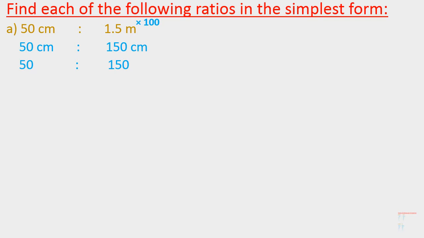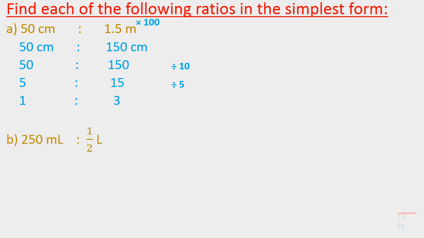We can divide them by 10. 50 divided by 10 equals 5, and 150 divided by 10 equals 15. 5 to 15 is not the simplest form. We can divide them by 5. 5 divided by 5 equals 1, and 15 divided by 5 equals 3. Then we have the ratio 1 to 3, and it is in its simplest form.